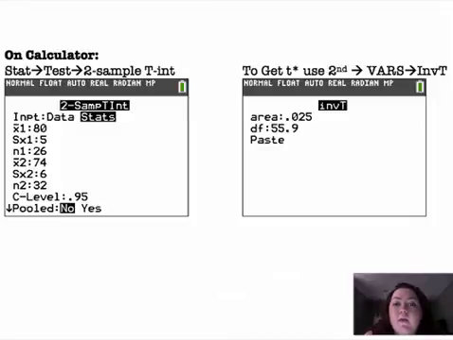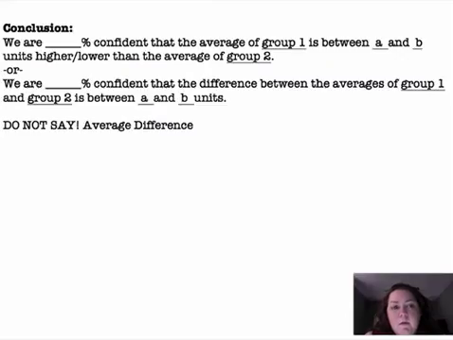Then you're going to put the area on only one side of the tail or 2 sides of the tail, depending on what kind of interval you're doing. Typically it'll be just the one side. And then your degrees of freedom, which you're going to have hopefully by doing the test already. Usually you'll do both things together, or you might have to do the interval, get the degrees of freedom, then go back and get your t star value.